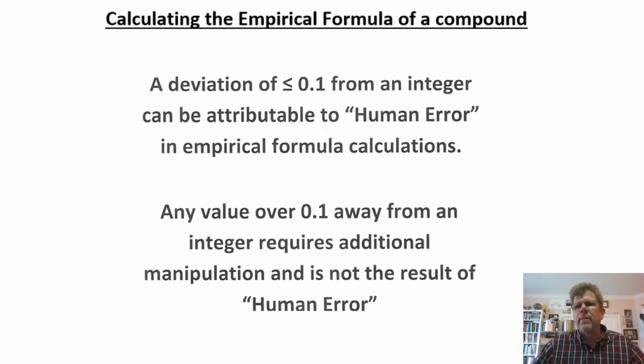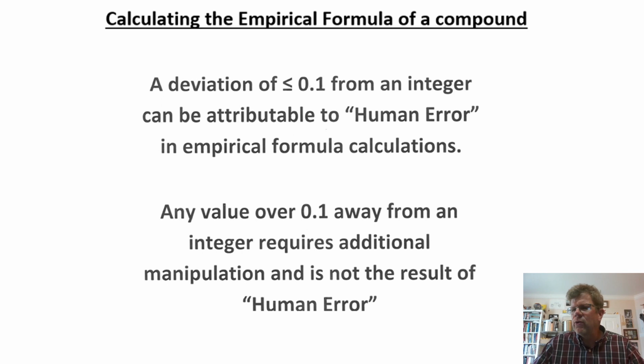So let's think for a minute. What we did on the previous problem was we saw the mole ratio for fluorine was 3.02. And we said, that's so close to 3, it's attributable to human error, so we just rounded down to 3. Well, at what point is there a limit to that? Is it half an integer or a tenth of an integer, or where do we get out of human error and into something else?